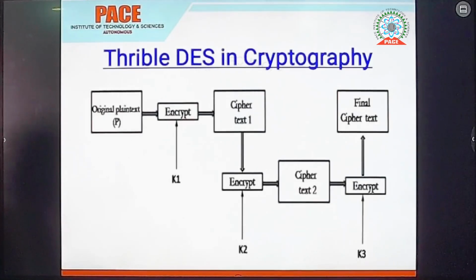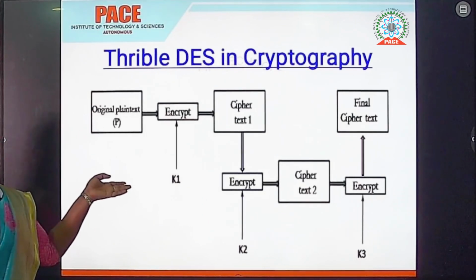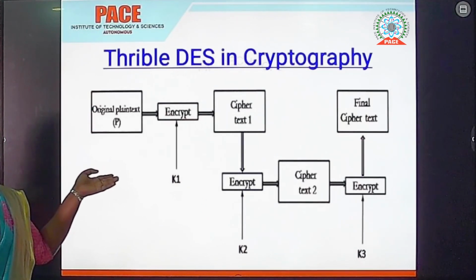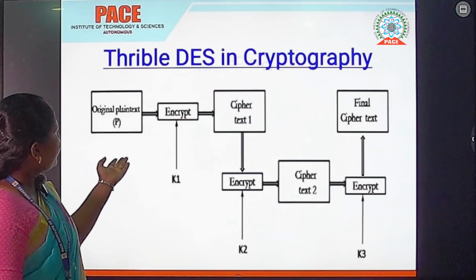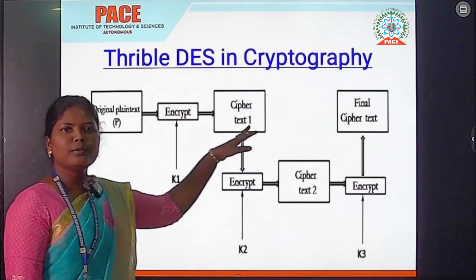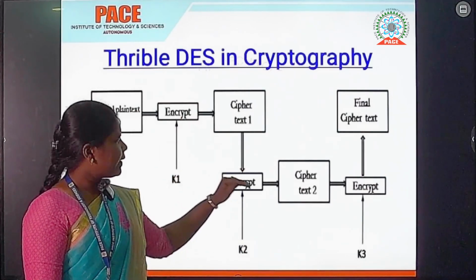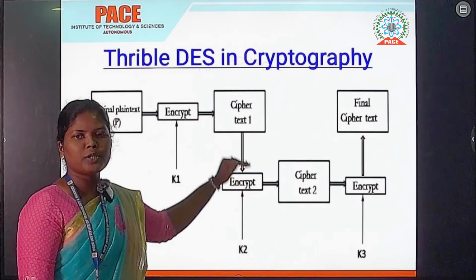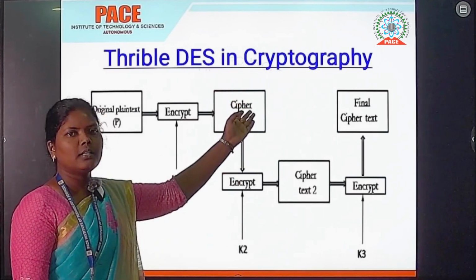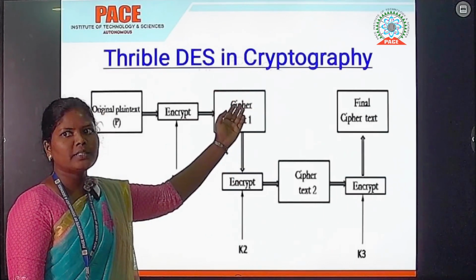In triple DES, same as we are having original plain text, and again original plain text is going to C1, ciphertext 1, by using the key 1, and again we will give the encryption process for that particular C1, that will be going to C2, ciphertext 2.